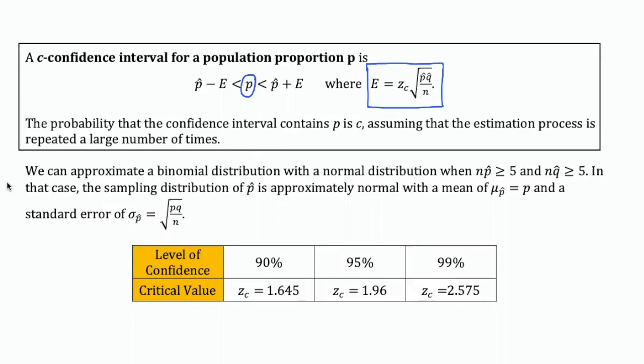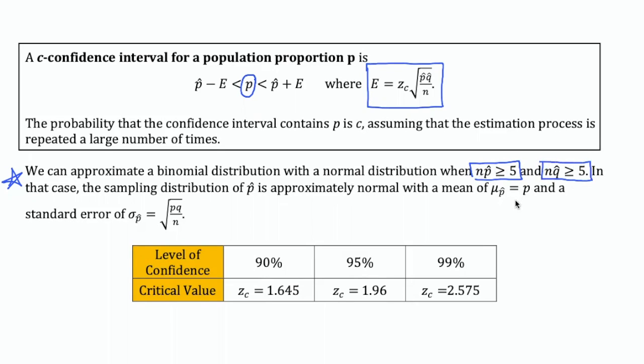And because we're going back to binomial distributions, here's a reminder that we can approximate a binomial distribution with a normal distribution when, and here's the same formulas that we saw before, but now with P hat and Q hat in there.